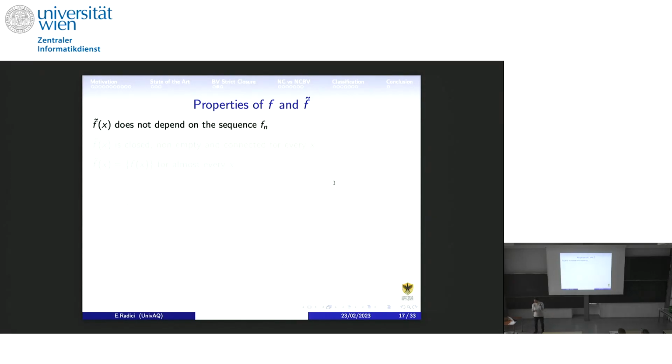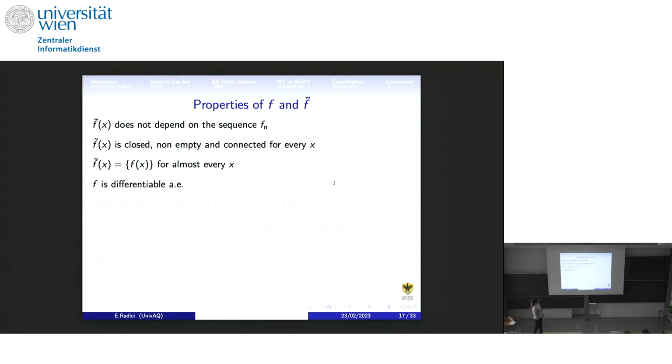The first is that this definition is independent of the approximating sequence, otherwise it would not be a good definition. Second, the topological image of a point is closed, non-empty, and connected for every point. It is a singleton for almost every point, as you can expect.